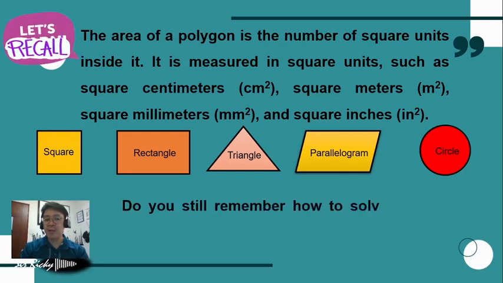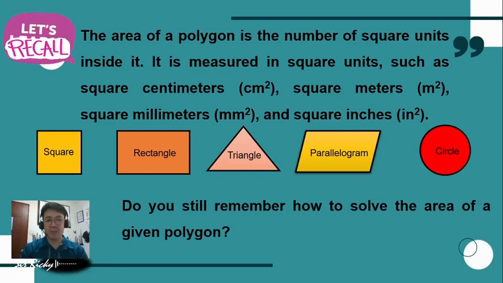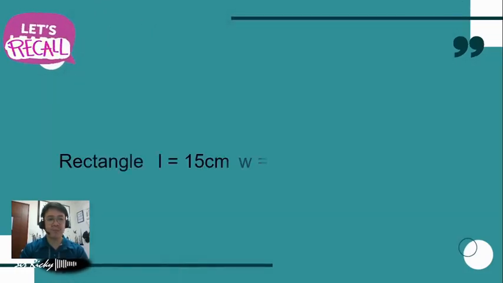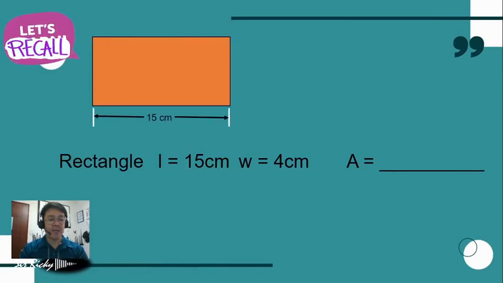Do you still remember how to solve the area of a given polygon? Let's have a short review. Can you find the area of a rectangle having 15 as its length and 4 as its width?